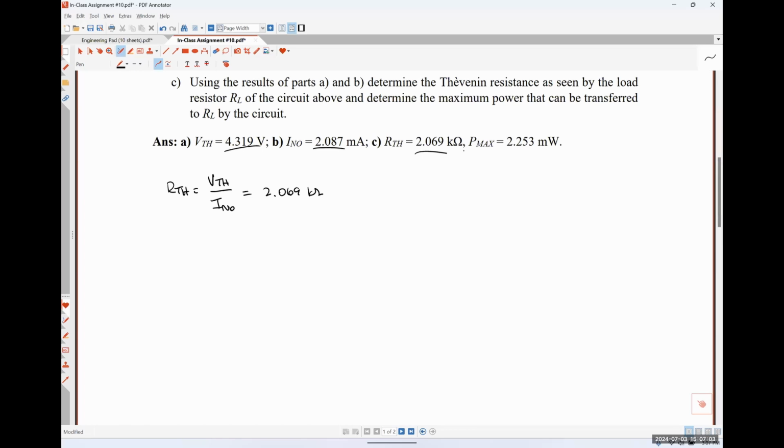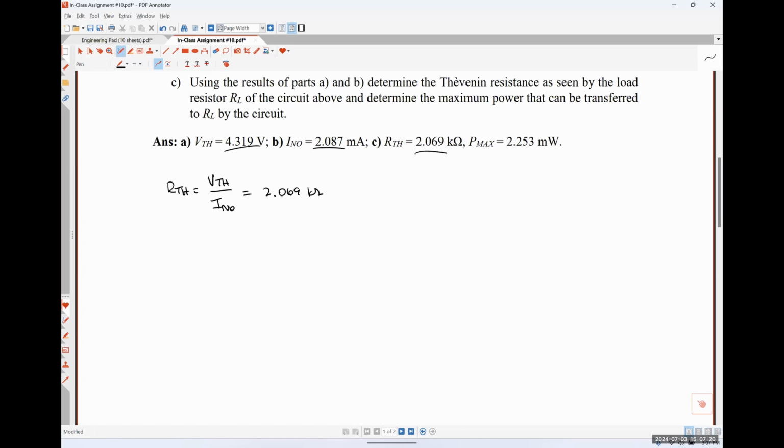How would we determine the maximum power that could be transferred to the resistance RL by the circuit? Would this be I Norton times VTH? It would not.